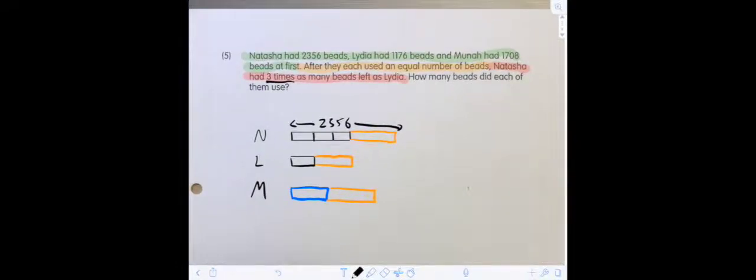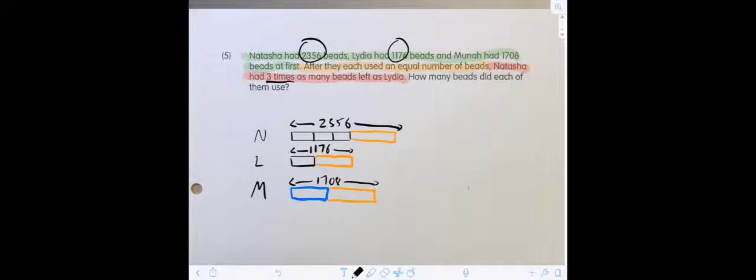And for Lydia, she has 1,176 beads. Muna, just take note I drew it in blue because they never mention how many parts compared to other people she has. So the blue color does not represent 1 unit, it's just a random amount inside. But in any case, Muna here would be 1,708.